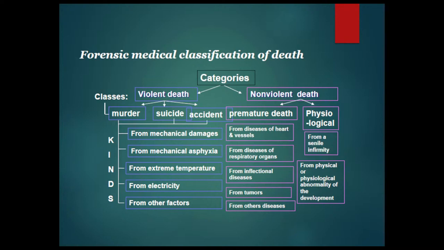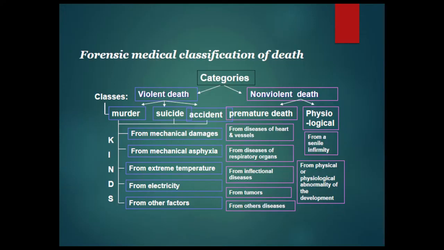Non-violent death, category of non-violent death, is divided to premature death, when the baby is born immature for different reasons. Maybe the baby which was born on the 5th month of gestation is absolutely normal for that age of development.